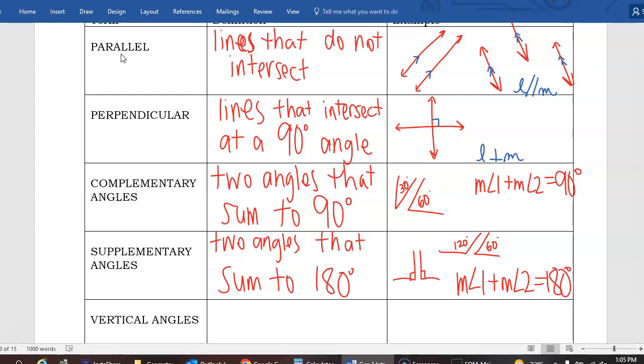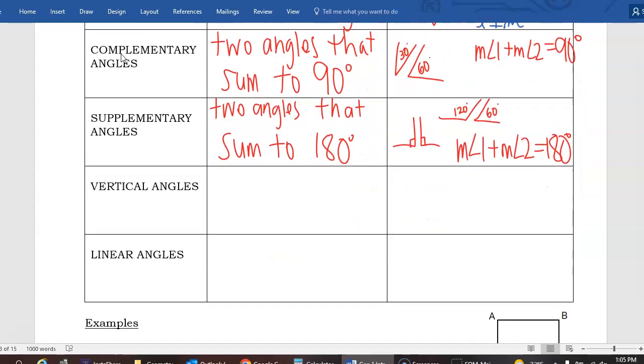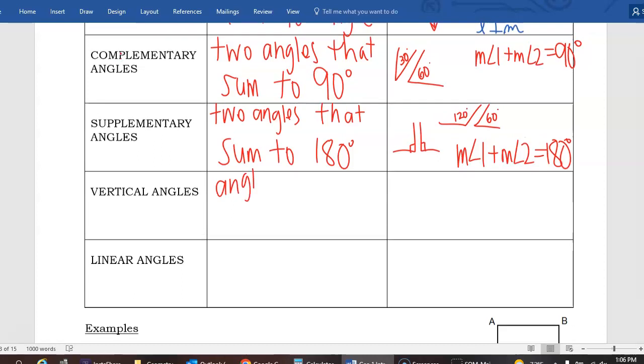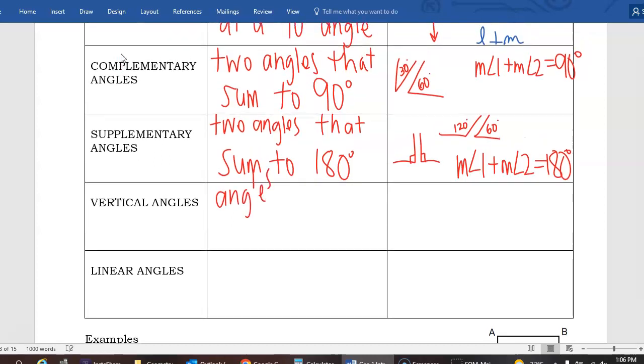Vertical angles. Vertical angles are formed on 2 intersecting lines, and they are angles that are opposite each other on a pair of intersecting lines.